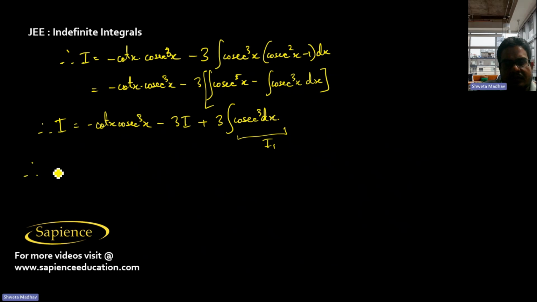Now therefore I1, let's say, is integral cosec cube x dx. So we can write this as integral cosec x into cosec square x dx. Now here again we can apply integration by parts.